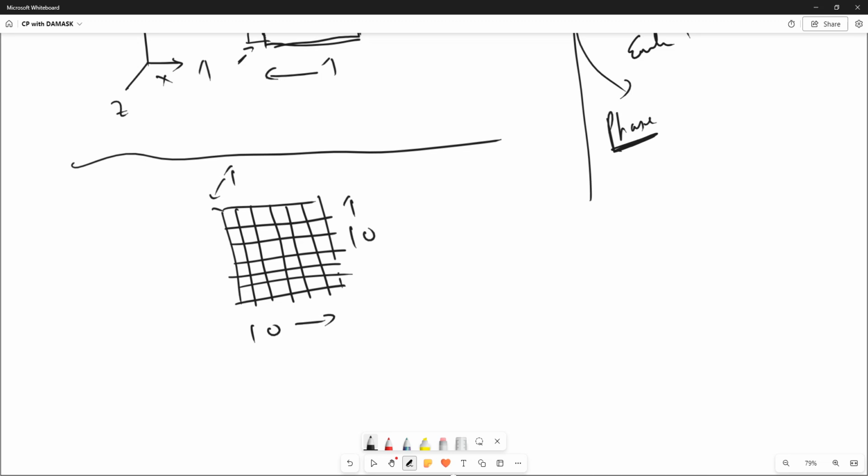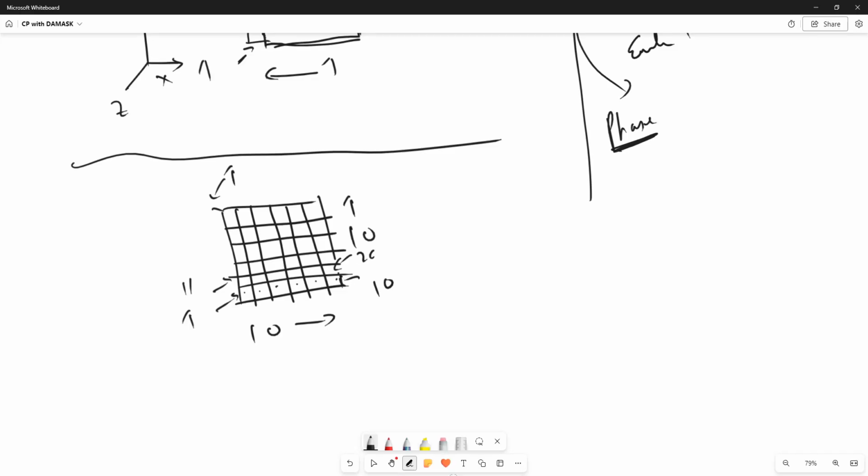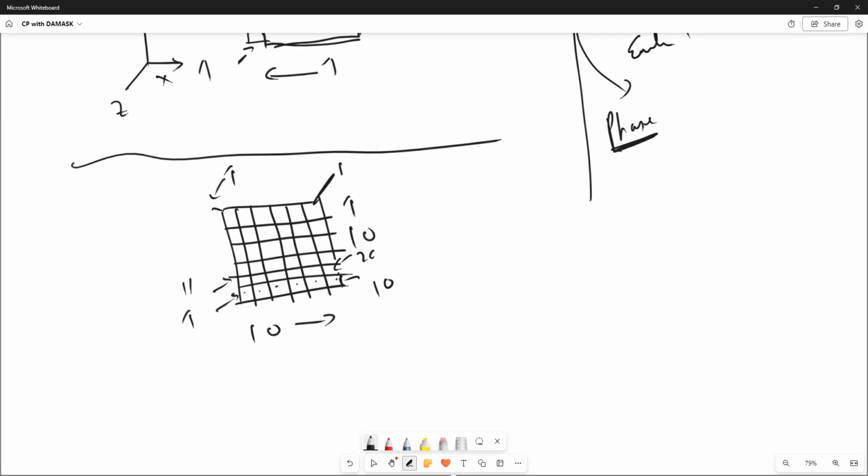Now, every point here has its own address. Okay? I can either say this is 1 and this is 10 and this is 11 and this is 20 and so on, and then in the end this will be 100.